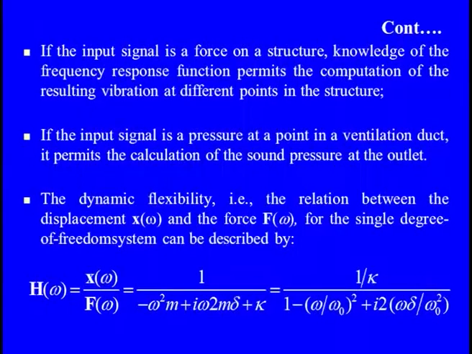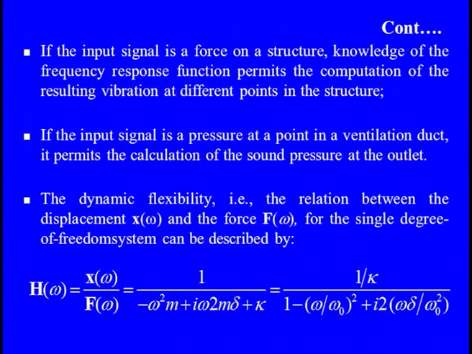So, straightaway we can derive the different features of the force exactly at the different structure points. But in the other case, if the input signal is pressure at a point, in a ventilation duct or anything, it permits the calculation of sound pressure at the outlet. It is not that we can go to different points in the structure and find the output feature.